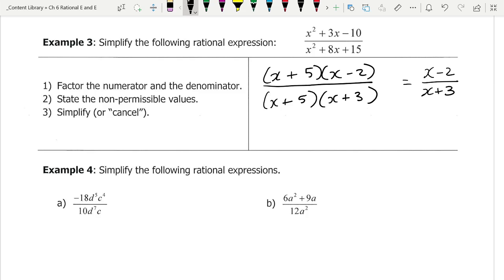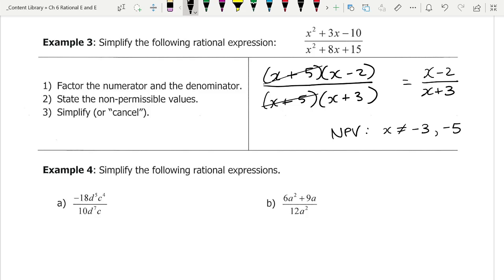So again, if you like the word cancel, you can say they cancel. But my non-permissible values are x can't be negative 3 or negative 5. And again, it's like, well, negative 5 is not a problem in this expression. You're right, it's not. But in this expression, it would make the denominator 0.